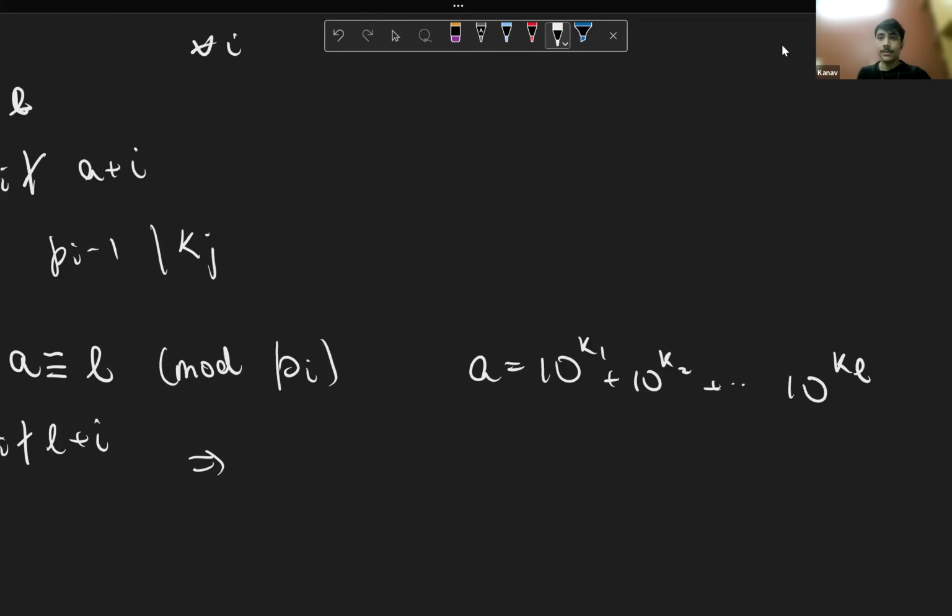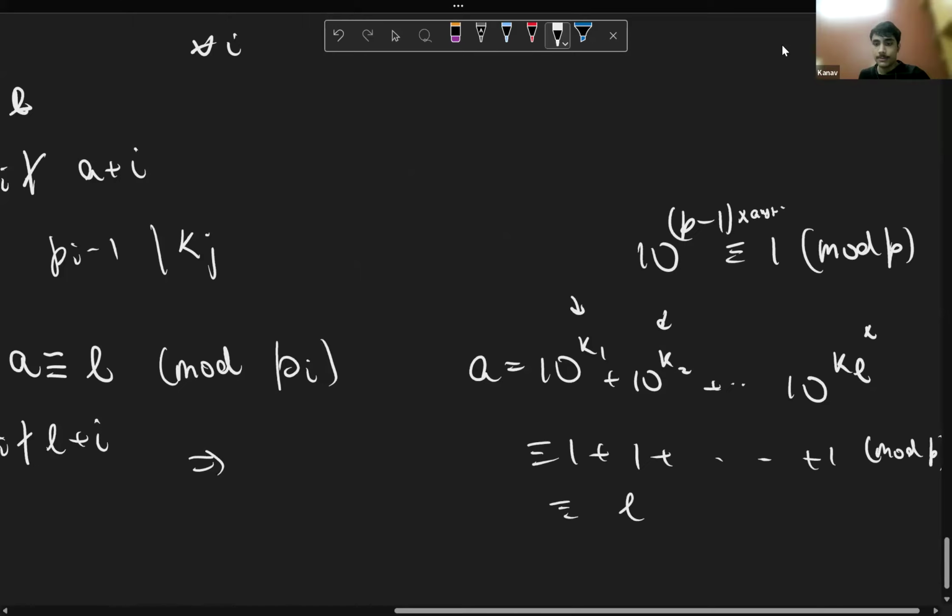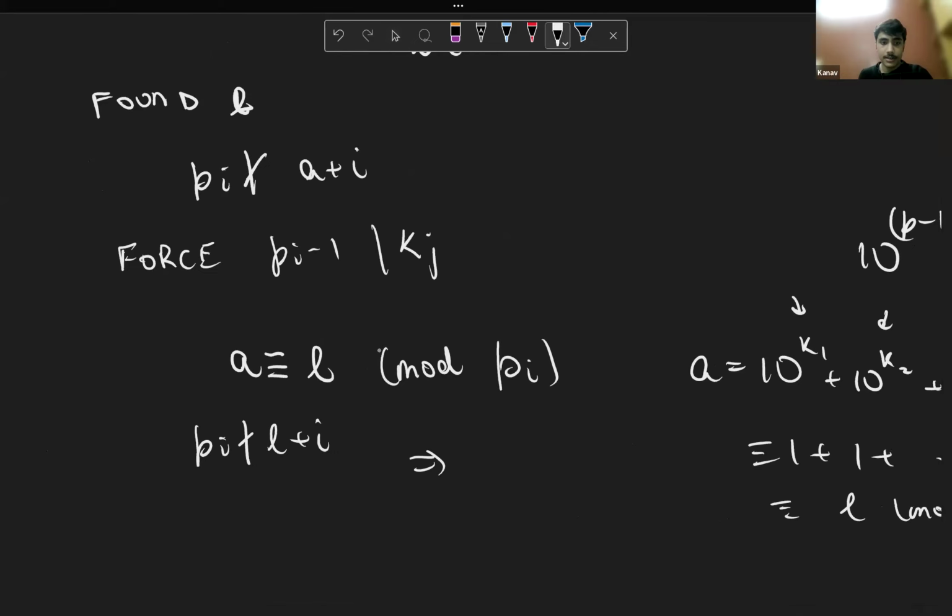Now, Fermat's little theorem says that 10 to the P minus 1 is congruent to 1 mod P. So even if I raise it to any exponent times anything, I still get 1. Now I can force all of these exponents to be divisible by P minus 1. So all this would be like 1 plus 1 plus so on, L terms, which is congruent to L mod P. So all I need to ensure is Pi does not divide L plus i. That's another condition on L.